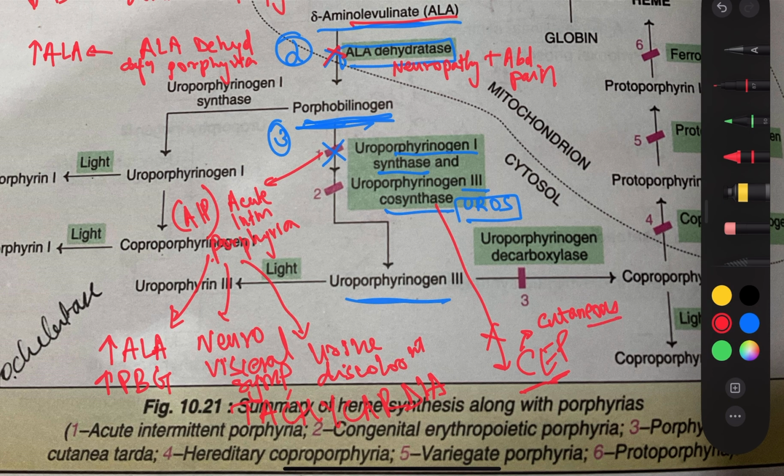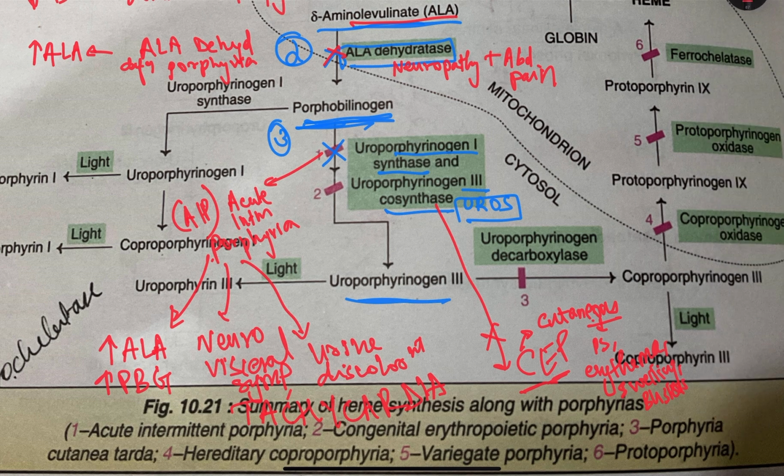So what we will have is cutaneous conditions like photosensitivity, erythema, swelling, blisters, right? The E I want you to understand is erythropoietic.